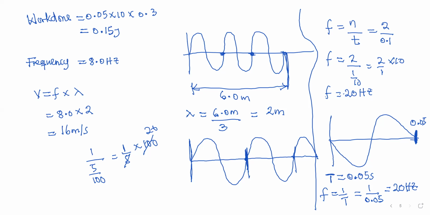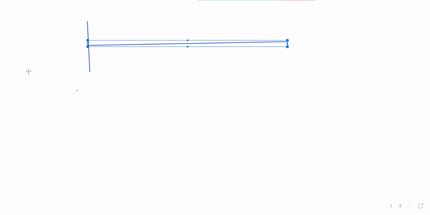So let's sketch the graph. What we have is this. The vertical, we have the horizontal, and so it's a graph of displacement against time.